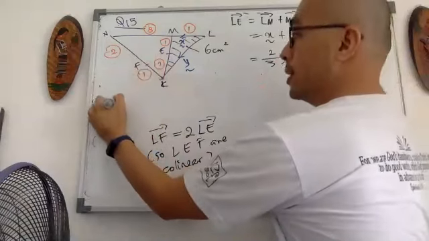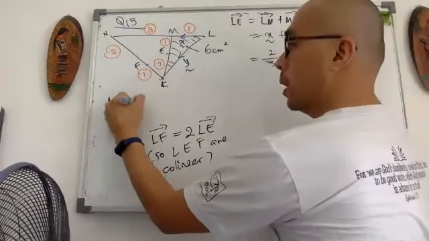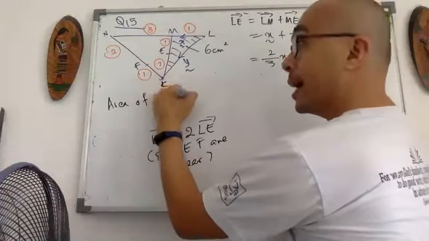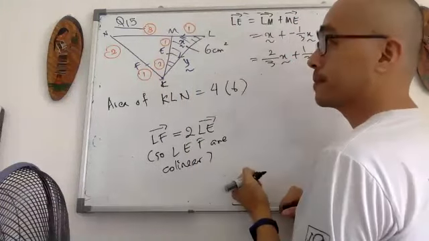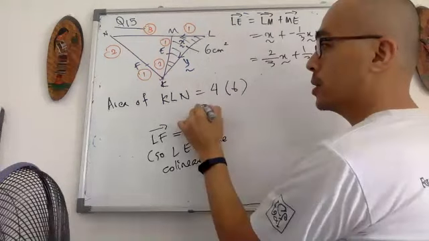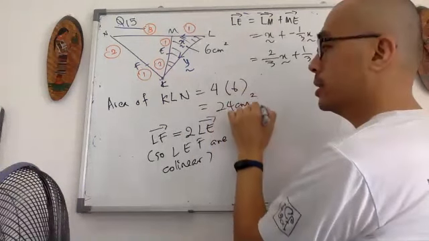Therefore, the area of KLN is 4 times 6, which is 24 centimeter squared.